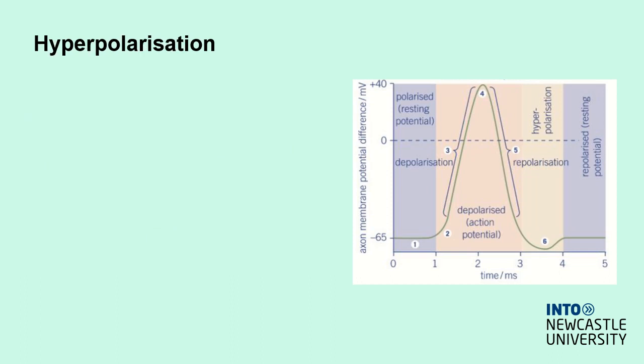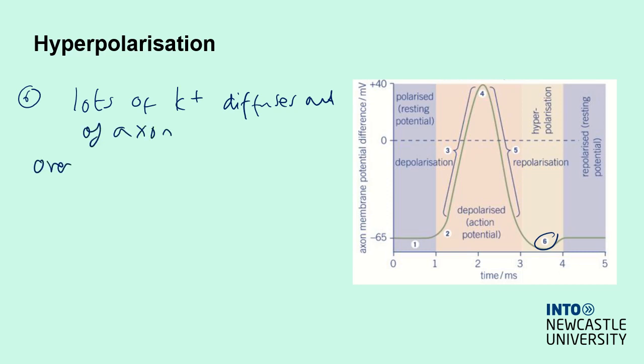What will happen though is shown in stage 6. So stage 6 is showing you hyperpolarization. So lots of potassium diffuses out of the axon, and we actually overshoot the resting potential. So we want to be -70, we become more negative than -70.